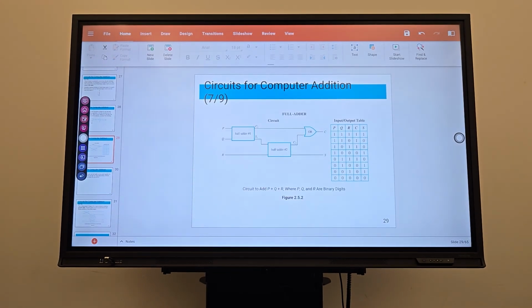A lot of documentation will call one of the inputs the carry in bit.